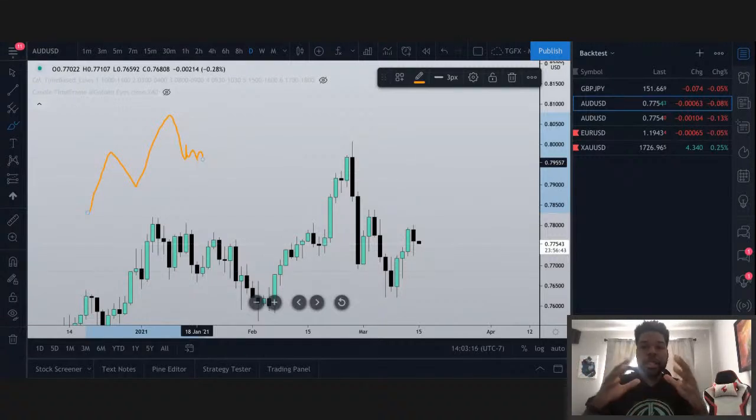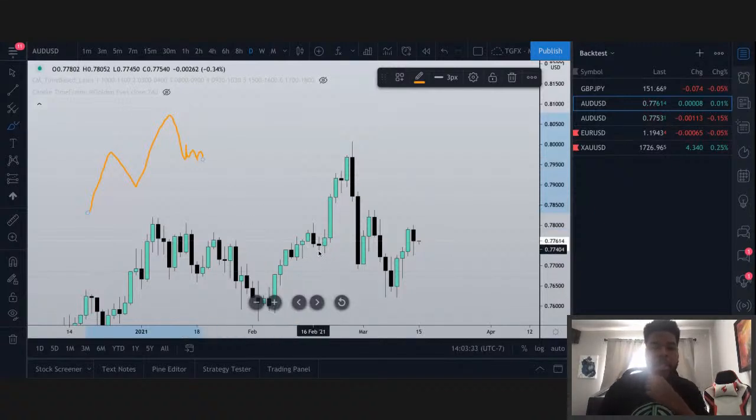That means that the market is no longer in equilibrium. So now when price pushes away from these levels, for example, this push from this low to this high, what truly happened in that market?